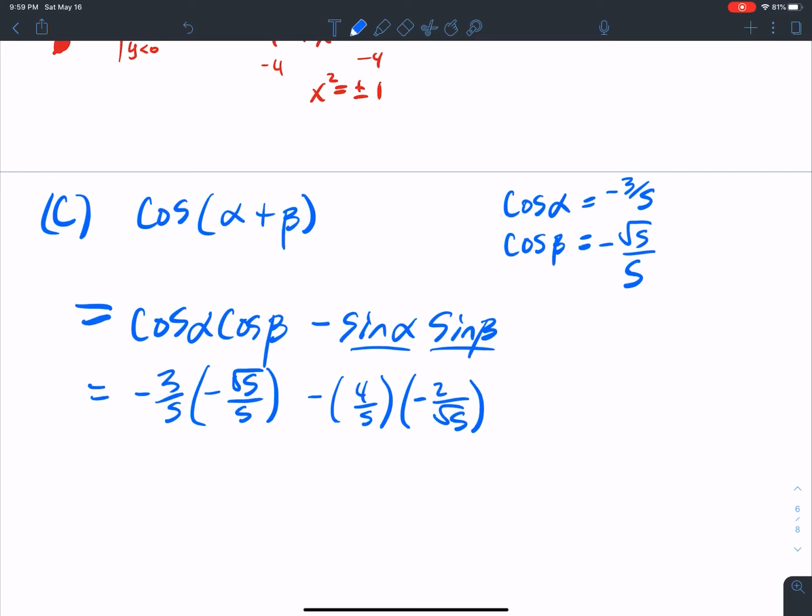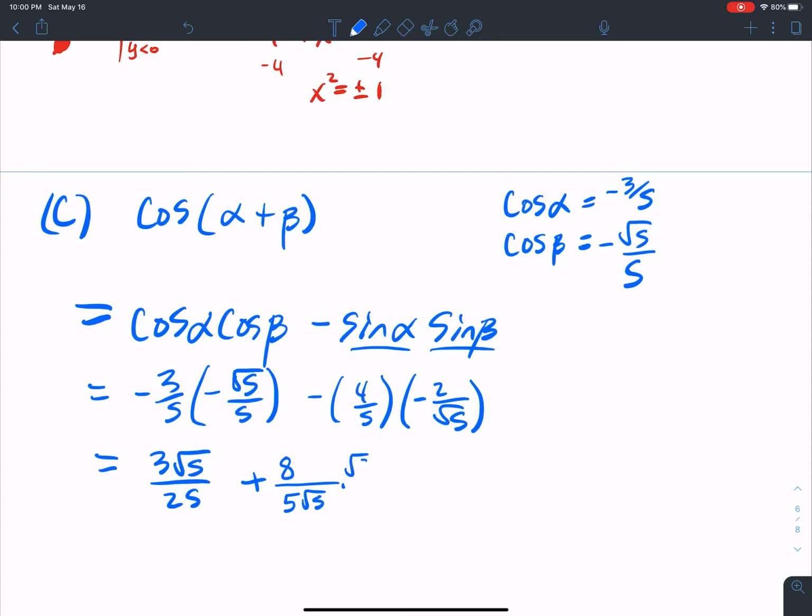And so when I multiply that out, what do I get? Negative and negative make a positive, 3 square root 5 over 25. And then if I do a negative times a negative, I get another positive, and that's going to be 8 over 5 square root 5.